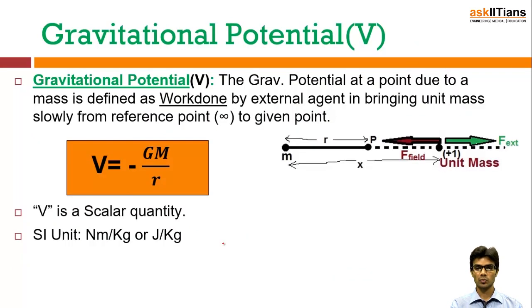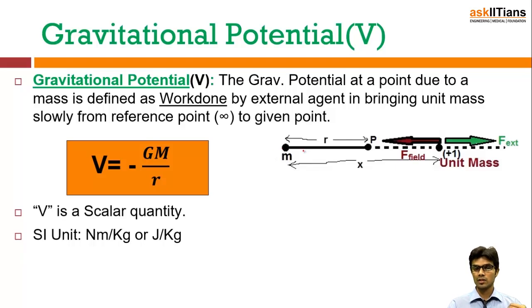Now let's proceed to gravitational potential. The gravitational potential at a point due to a mass is defined as the work done by an external agent in bringing a unit mass slowly from the reference point to the given point.